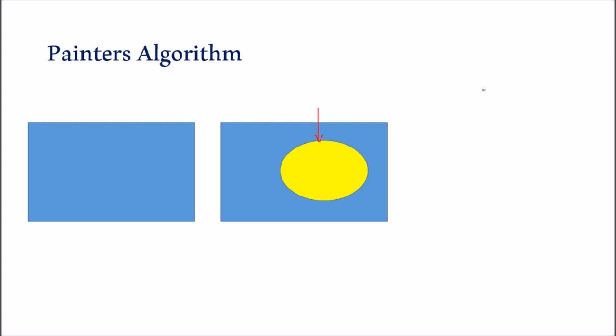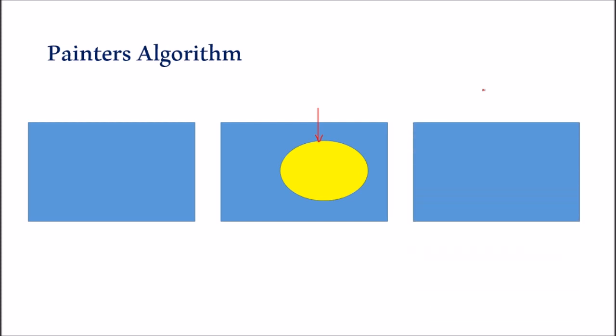Now you can draw objects as per the depth value. Suppose I want to draw one more object, then because of the third object, some part of the second object is hidden, as well as some part of the background. That is how Painter's algorithm works.